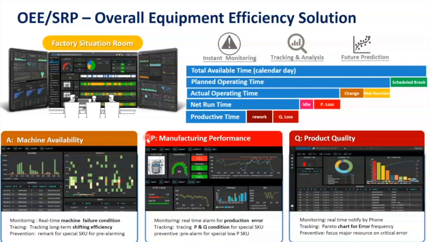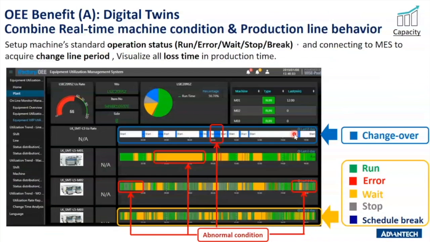For Q, is there any product quality issue? How can we come out with a nice chart for you to have a good overview and realize how to make the changes immediately? So we have about 6 major key features to introduce to you today.